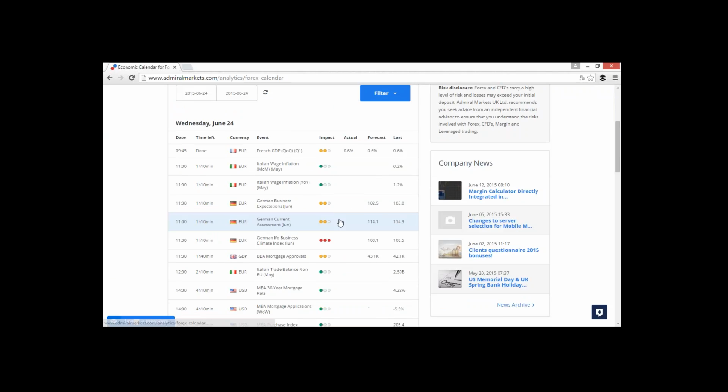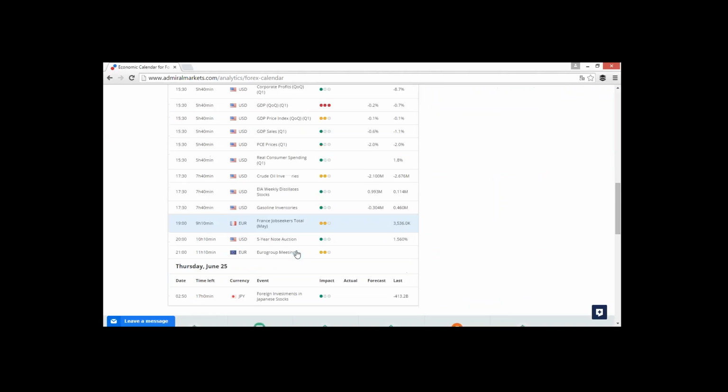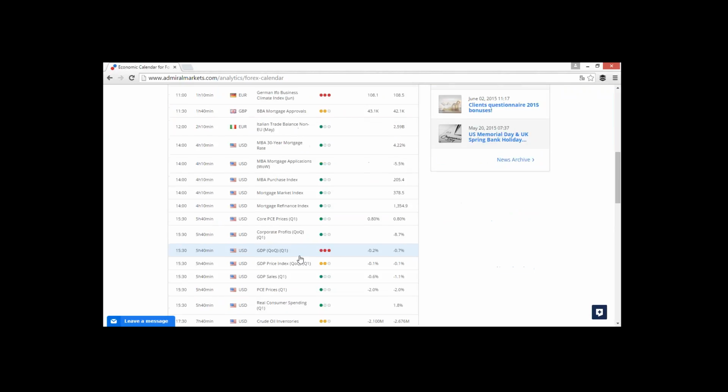There you see the Forex calendar: German IFO business in an hour, and we have GDP in the New York session, and some green and yellow tagged events.